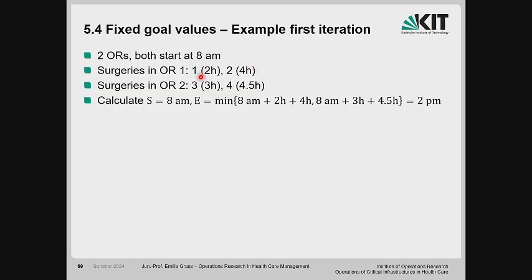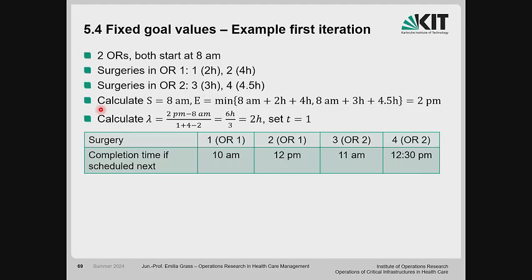The third patient requires 3 hours and 4.5. You calculate all these things. You also calculated lambda, and now I would like to assign you to two groups for the last 15 minutes so that you can discuss this heuristic, this fixed goal heuristic, and apply it to this example.